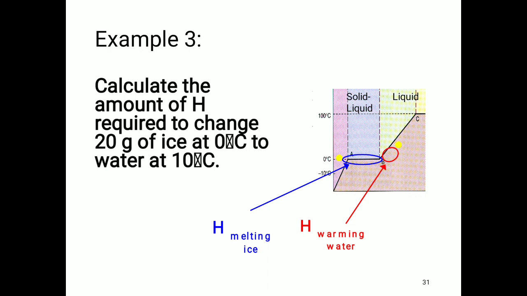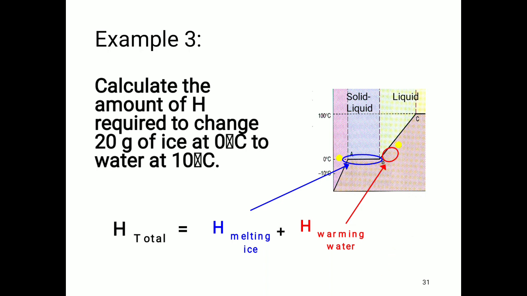You have 20 gram of ice and you have to convert it to water at 10 degrees centigrade. There is a temperature difference from 0 to 10, and also there is a phase change. So you have to wisely take into consideration both types of heat required.